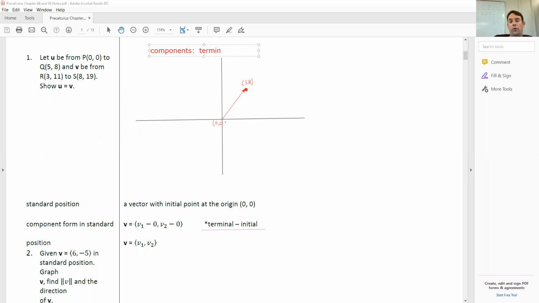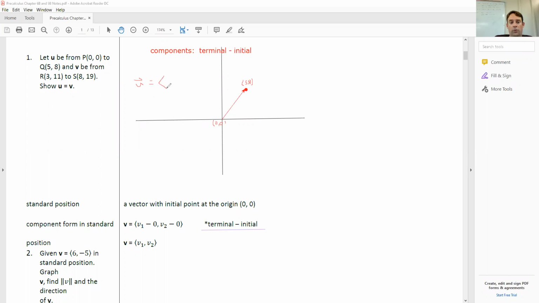You take the terminal point and you subtract the initial point, which you see down below there, but I just want to write it up here. So we have a terminal x and a terminal y, an initial x and an initial y. If they're the same vector, then they should have the same component form. Technically, you either bold it like you see it down here, or if you're writing it in general, you use u with kind of a half arrow.